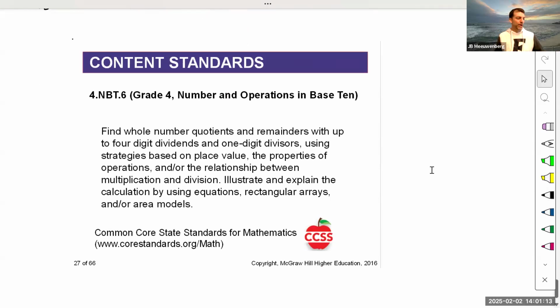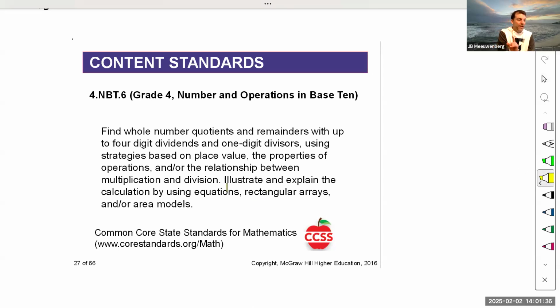So our content standard that this aligns with, the Common Core, is this. And I want to point out one very important line there. Again, by grade 4, students need to be able to find whole number quotients and remainders with up to 4-digit dividends and 1-digit divisors using strategies based on place value, properties of addition, and the relationship between multiplication and division. And then this is the one I wanted to point out to you, right?